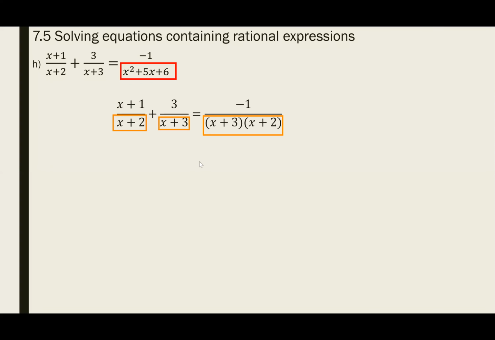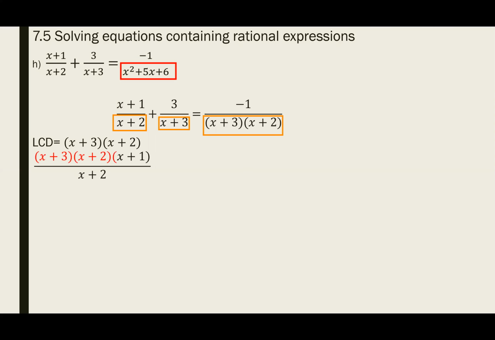All I need to do is merge them all together. But if they happen to repeat at a different location, I only use it one time. And like I say, my habit for my LCD, I put x plus 3, x plus 2. You can put x plus 2, x plus 3. It's just a habit of mine. I put the big number first.